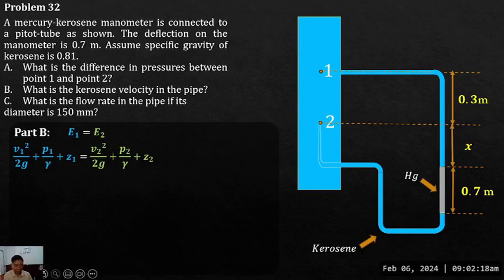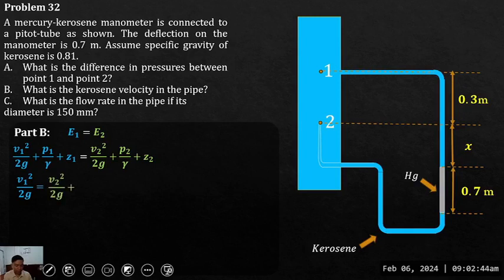Expand lang natin yung energy equation. And V1 yung hinahanap natin. Wala pa yung value ng pressure sa point 1, hindi naman siya open to the atmosphere. Lipat na lang natin yan sa kabilang side.